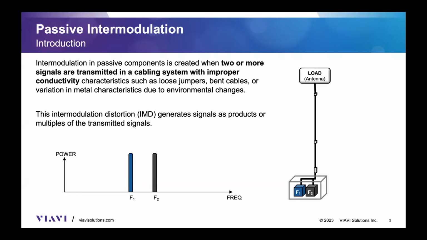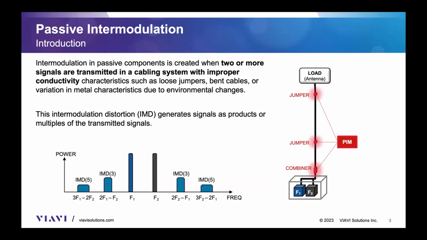I'm just making the example here that that radio is actually a couple of transmitters, and we have 2 different frequencies with a certain power level, and that goes through the antenna. That is a load, an antenna, 50 ohms, and then it goes through multiple elements, jumpers and combiners perhaps, and those are typically prone to generate PIM.